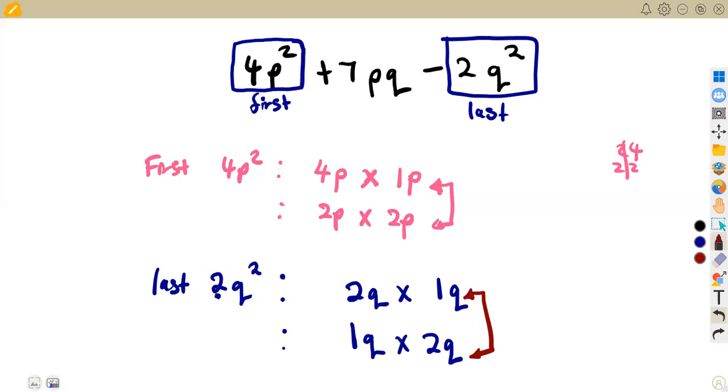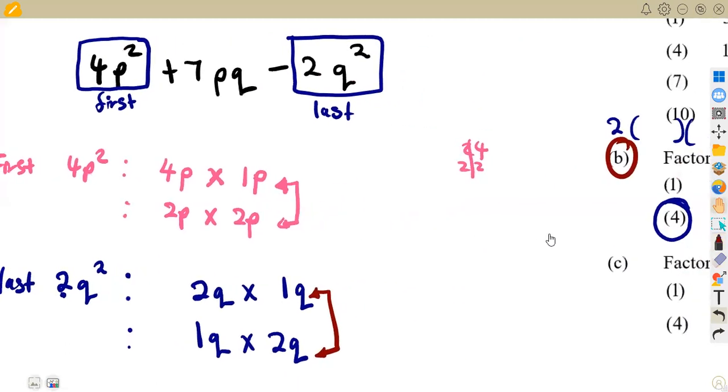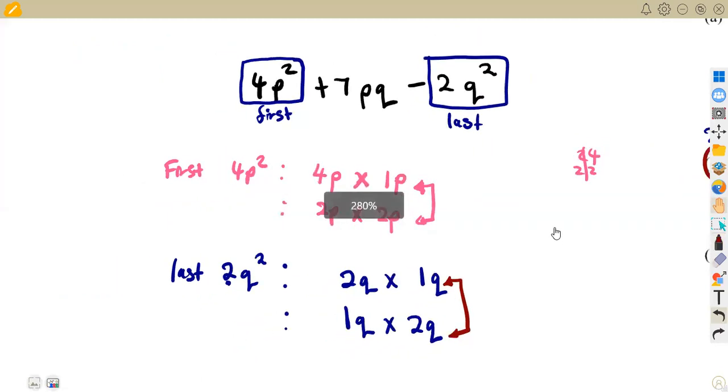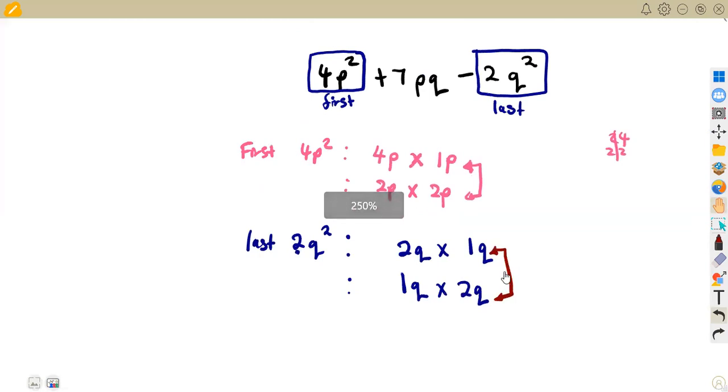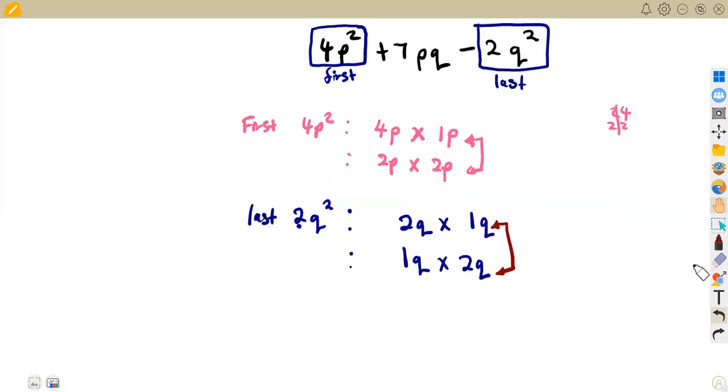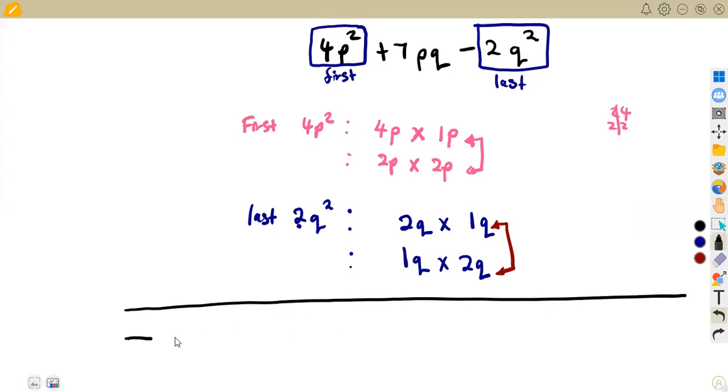So now we are going to take this to our table. We tabulate what we have from our first and last terms. Let us just put it here on top, so that we can conclude at the end.